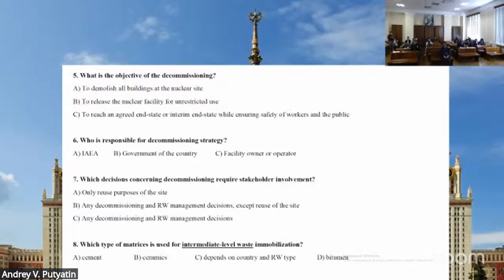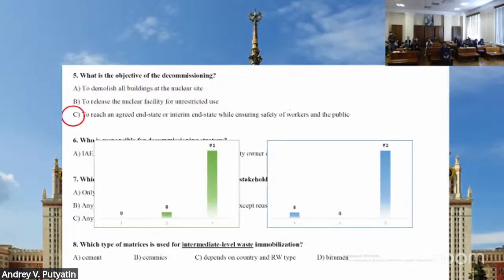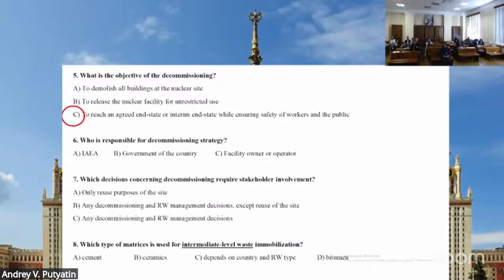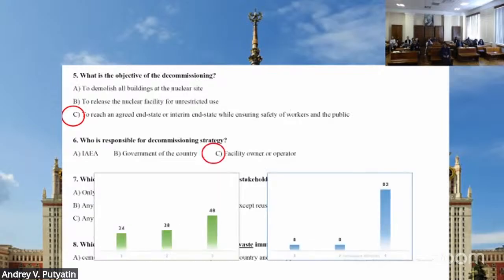The objective of the decommissioning is to reach an agreed end state. So again, a lot of correct answers. So it's very good from the very beginning. Responsible for the decommissioning strategy is the facility owner or operator. Here we see quite a huge progress after the school.